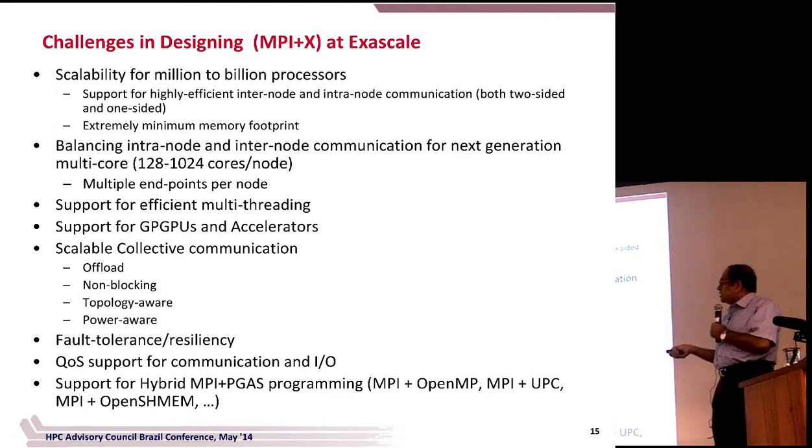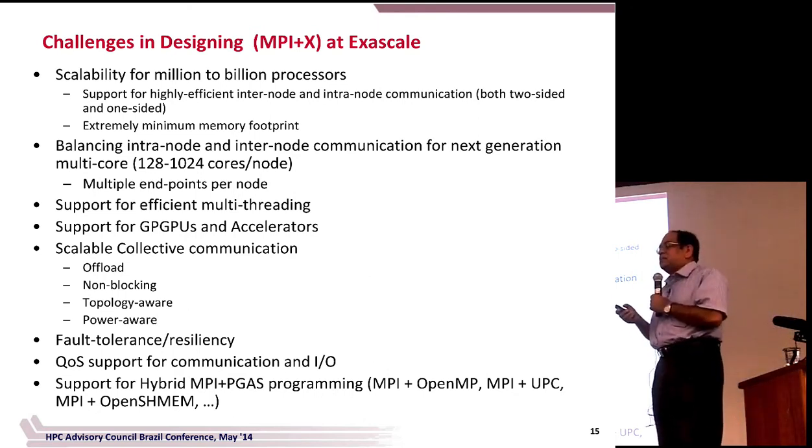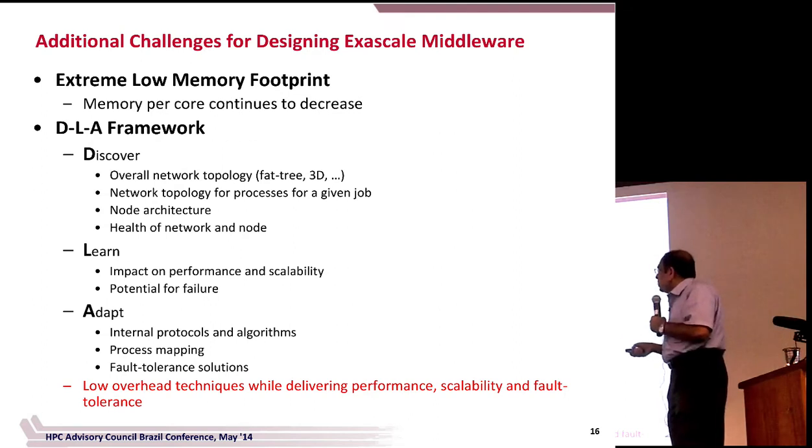Then these accelerators, and then collective communication. There is a lot of work taking place, like how do you take advantage of offload. Non-blocking collectives are introduced, topology aware, power aware, then fault tolerance, resiliency, QoS support, and then these hybrid programming models. So those are the very broad challenges the community is working on in all different directions.